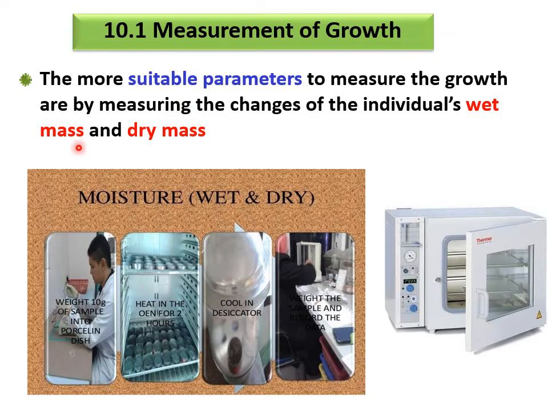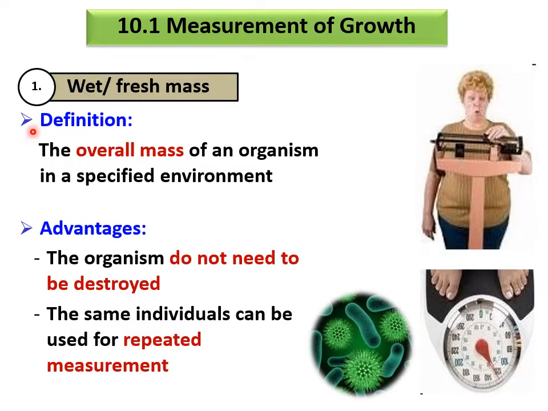So what is wet mass and what is dry mass? Wet mass or fresh mass is the overall mass of an organism in a specific environment, and the mass is obtained with its water content.